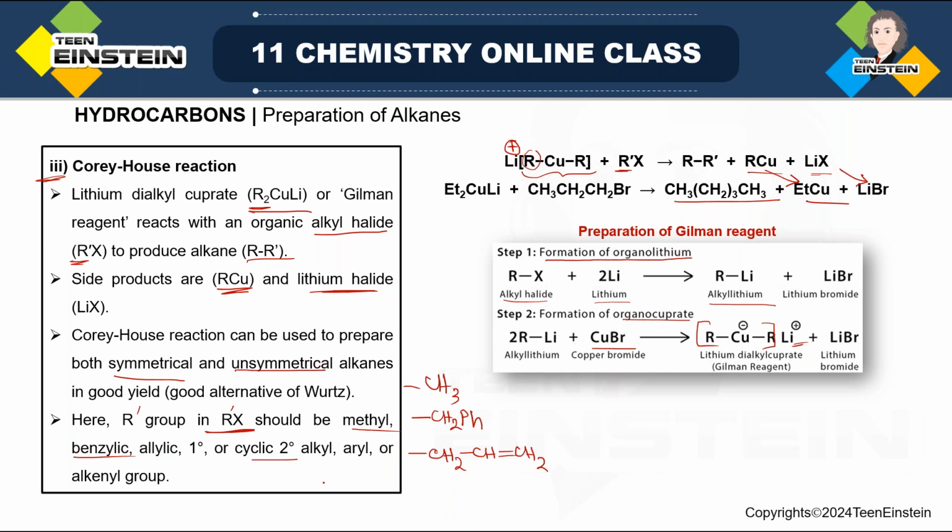It may be cyclic 2 degree. That means suppose this type of something cyclic, this is obviously 2 degree. If this is the connection point, that is if the halogen is here, the carbon with which X is attached is secondary because it is connected to 2 more carbons. But it is cyclic.